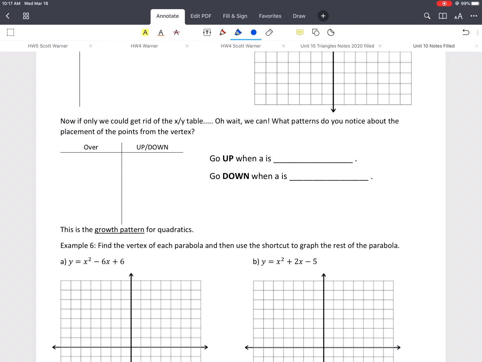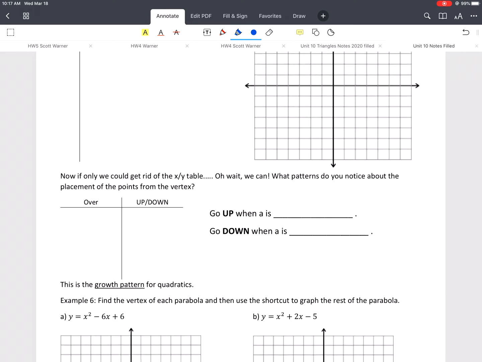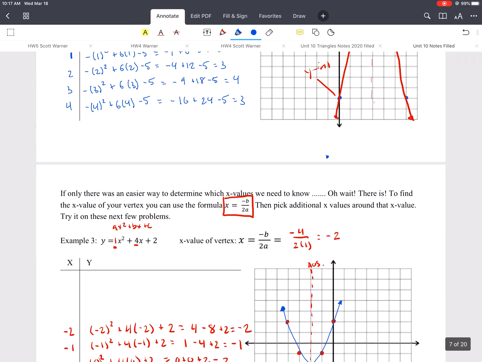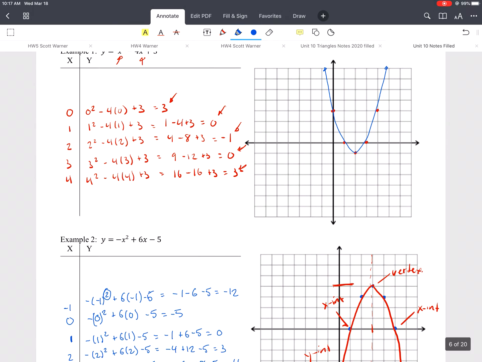It says now, if only we could get rid of the table. So there actually is a way. If we notice in these graphs, there is a pattern. We start at the vertex, and every time we go over 1, we go up 1.